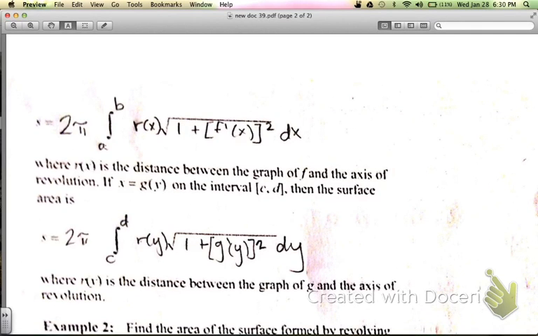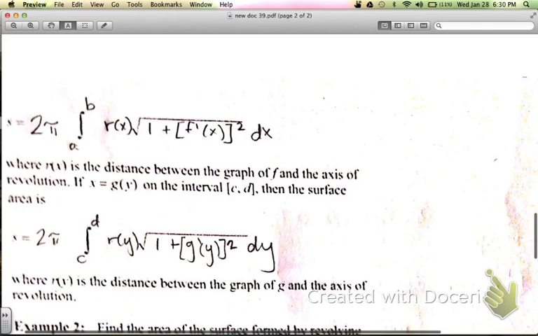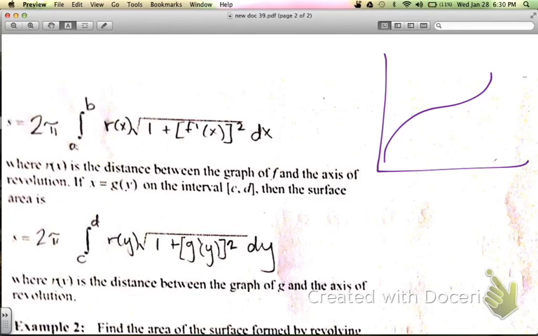For example, if you had a function that looked like this, and you were finding the area of revolution rotating about the x-axis, then the distance r of x between the graph and the axis of revolution would just be f of x, no matter where you are.